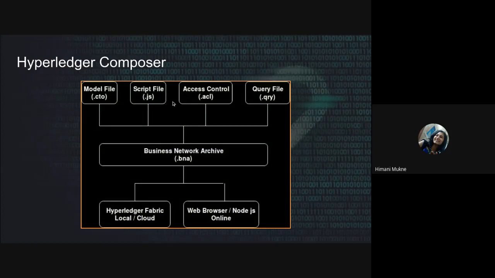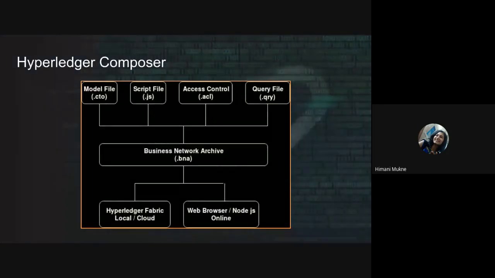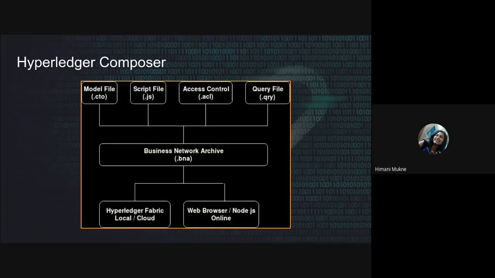In access control, you determine which participant has how much access, whether they have read access, write access, or both. In this case, obviously the landowner should have only read access. They should not be able to make edits, because then all of us will just end up owning more properties than we should. All of that is then grouped in a business network archive, which can, to draw a rough analogy, be compared to a zip file.